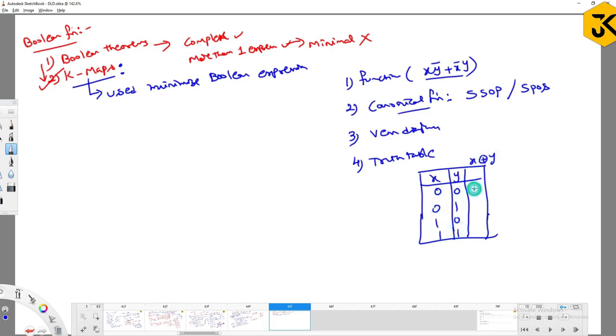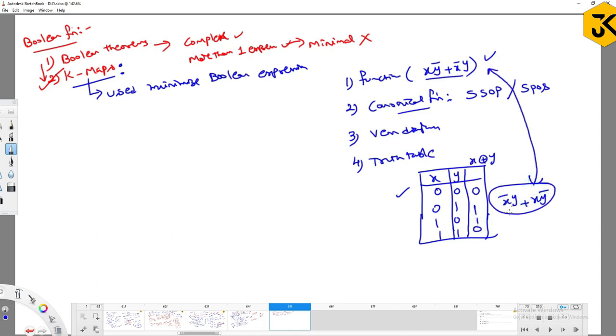Output will be, when both are the same, the result is 0, and in all the remaining cases the output will be 1. So the same expression I am going to represent in this also. I can write this output as x bar y, and this one as x y bar. These two are the same.